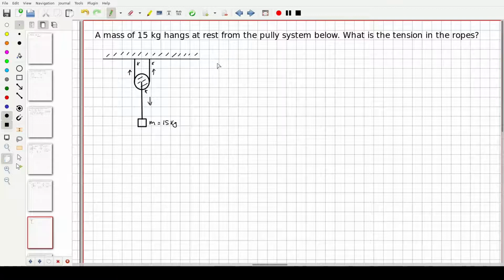So that said, what are we given? We're given that the mass that we're dealing with is 15 kilograms. What are we trying to find? The tension in the ropes. Really, it's just the tension in this rope right here. Okay?